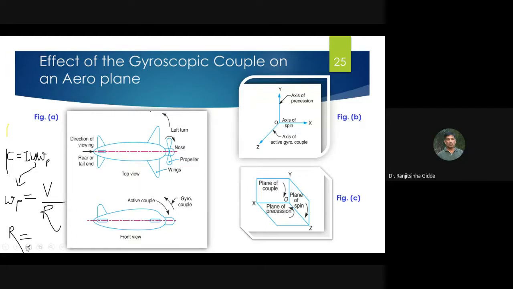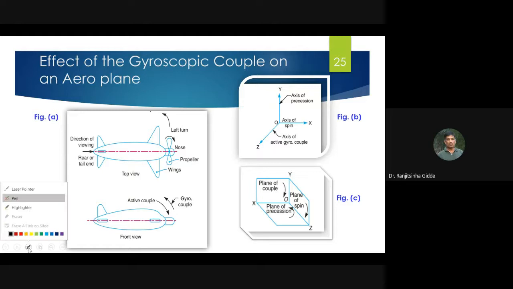So this is the terminology with respect to the gyroscopic couple, and now we are going to study the effect. This is the diagram A, which shows top view of the aeroplane, and this one is the front view.